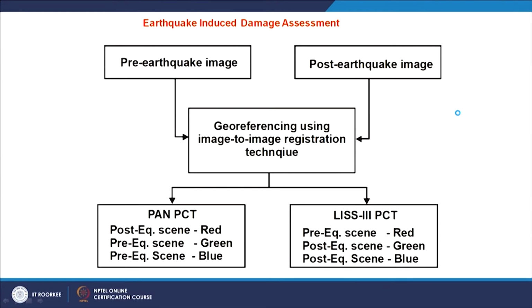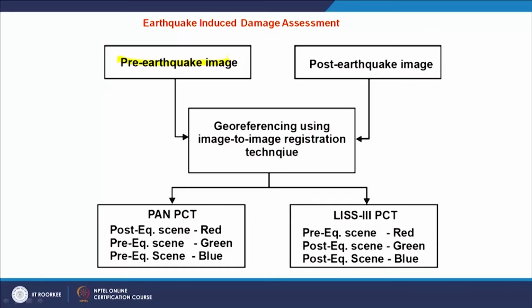In between these two acquisitions, the earthquake has occurred. So it is almost the same technique with a little variation: the pre-earthquake image and the post-earthquake image were taken from the same sensor, with a time difference, and in between we have an earthquake event.